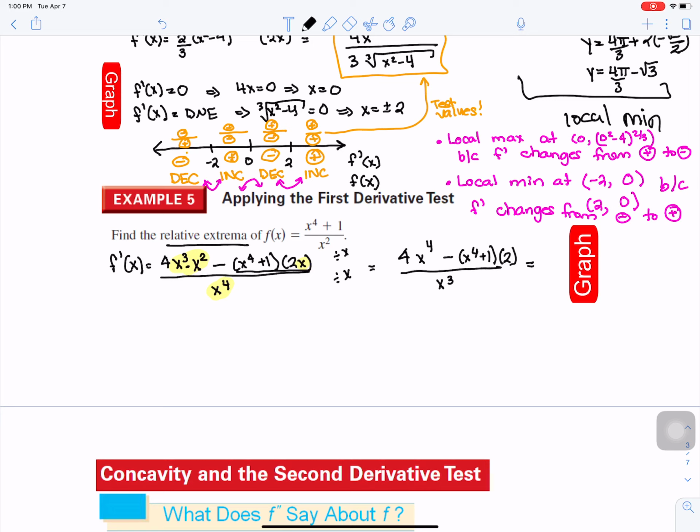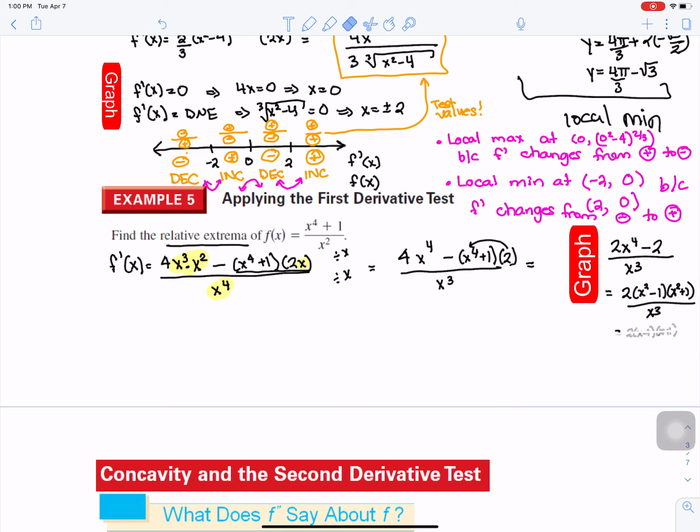So 4x to the 4th minus 2x to the 4th will give me 2x to the 4th minus 2 divided by x cubed. And one more cleanup step, factor out the 2 and then do difference of squares. You're going to get x squared minus 1, x squared plus 1 over x cubed. And then one more difference of squares step, x minus 1, x plus 1.